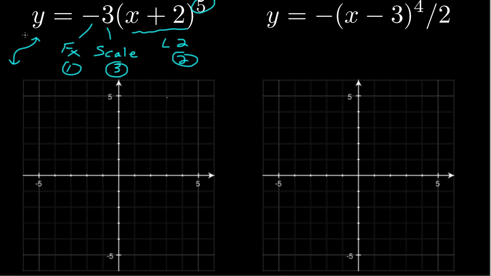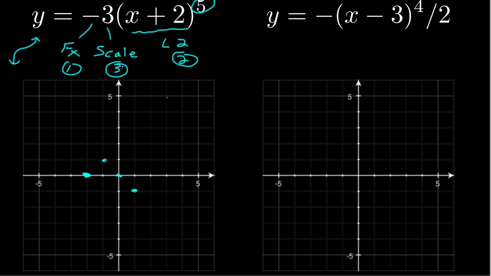So if the original S-shaped function starts at 0, 0 and travels through 1, 1 and negative 1, negative 1, a flip across the x-axis would move the point up here down to positive 1, negative 1. And the original point that was at negative 1, negative 1 gets flipped across the x-axis up here. To pick up this entire group and move them left 2 units means my new starting point is at negative 2, 0.